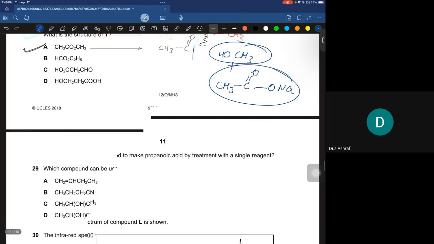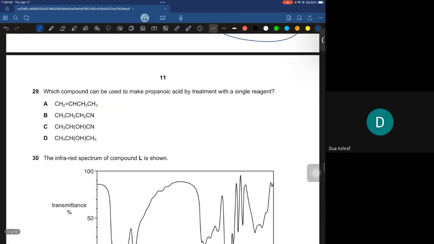Which compound can be used to make propanoic acid by treatment with a single reagent? Propanoic acid, which has 3 carbon atoms. Of course, option A is correct. You know why?